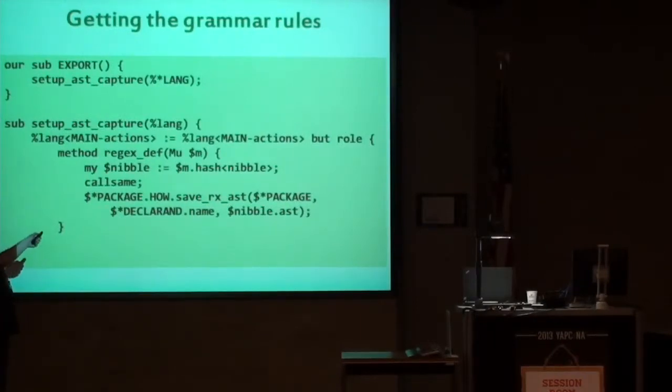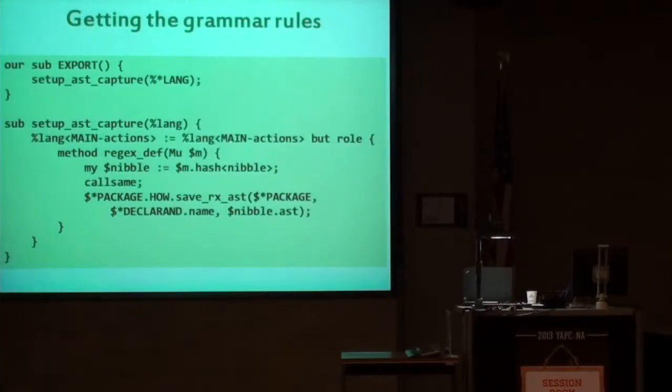Okay, so what I do is I get the current package. This is the current grammar that we're parsing, that we're inside of. And I get the current declarand name, that is the current regex. And these are not sort of objects that just refer to the things, these are the actual real objects. So as we're parsing your Perl 6 programs, we're really making the grammar meta object, and we're really making regex objects.